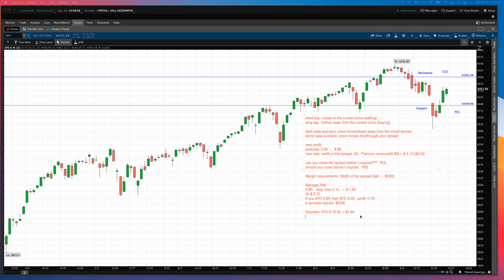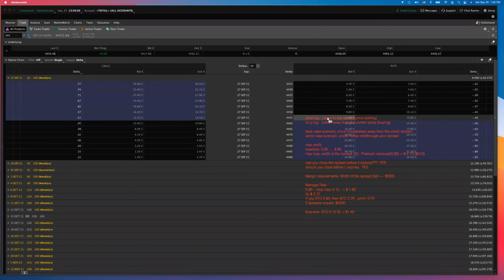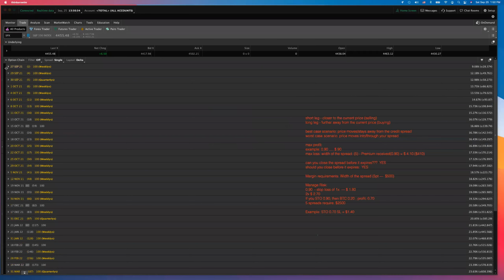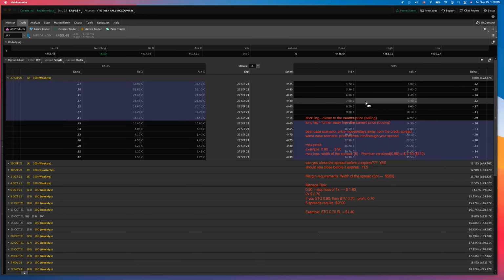In fact, even on TradeStation, on Thinkorswim, if you go to the chain right now, you will see some numbers that actually do have negative numbers. It just means that they are approximately equal to zero.